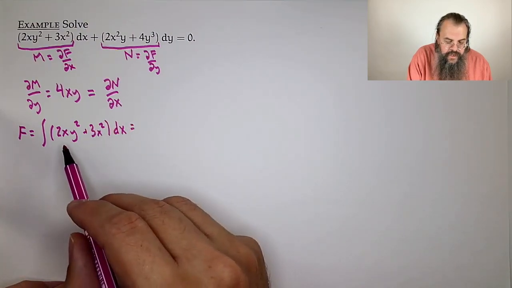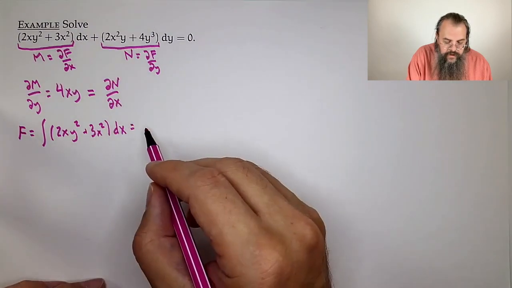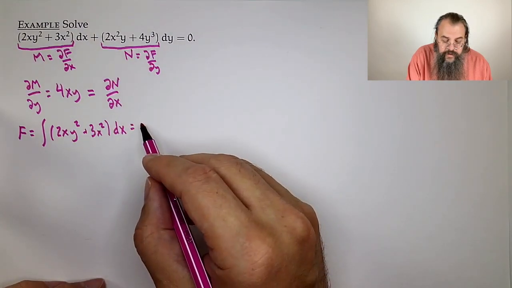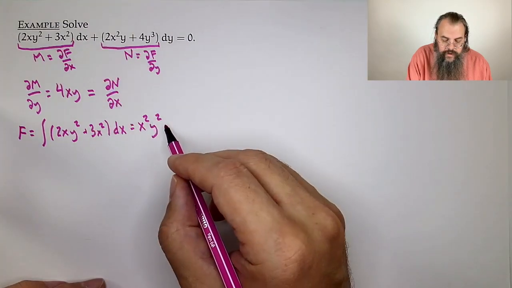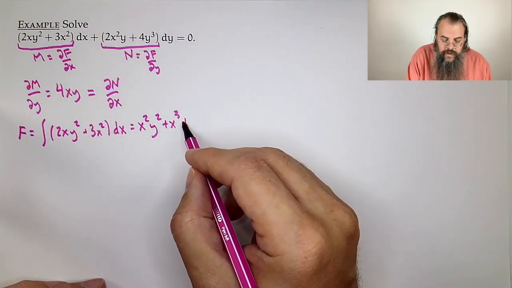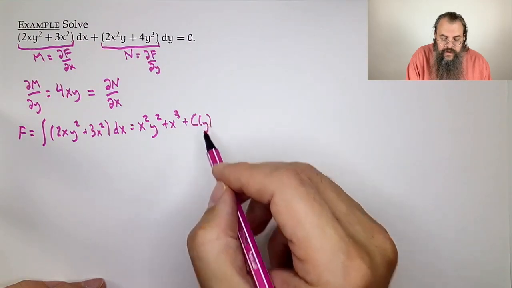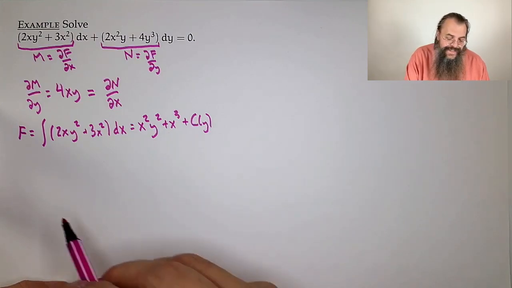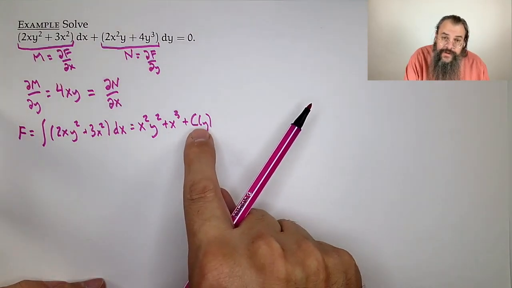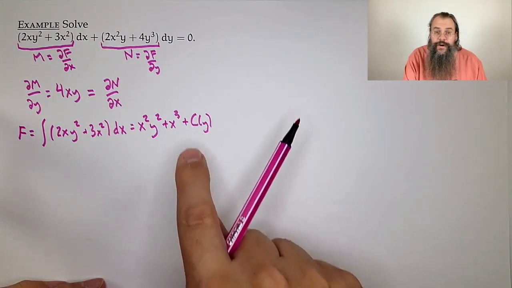And that would be, well, when we integrate, okay, integral of 2x, x squared. Then y squared is a constant. Integral of 3x squared is x cubed. And then there's plus some constant function of y. So far, so good. Now, we're almost to f, except we don't know that part.